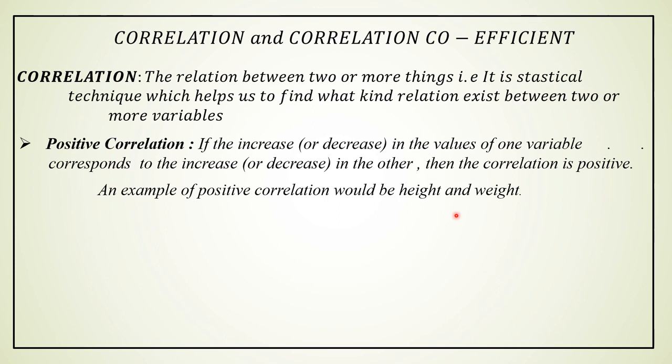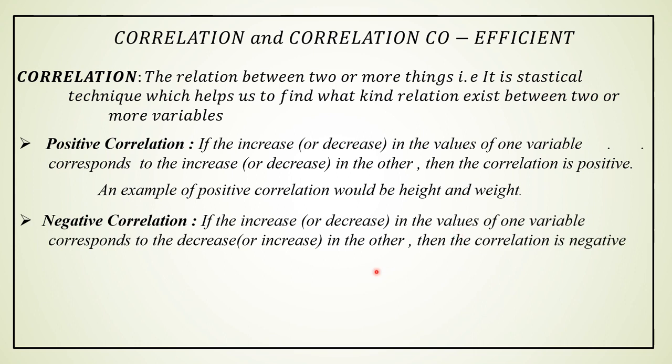Increase in the height of the person increases the weight, isn't it? So increase in one variable corresponds to increase in the other variable, or decrease in one variable corresponds to decrease in the other variable. Then also we are going to call such kind of relationship as positive correlations.